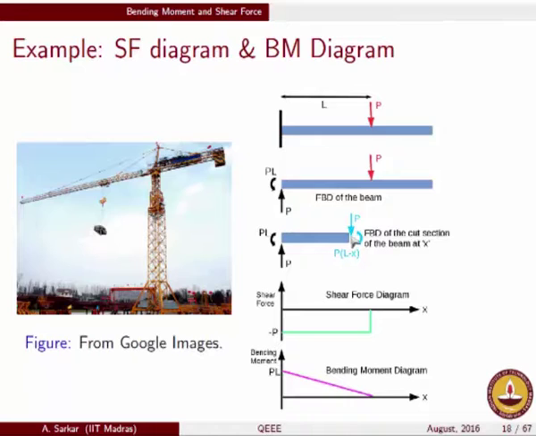Now let us try to evaluate whether this shear force should be positive or negative as per our convention. Just look at the shear force, don't look at the moments or the applied loads at all. If you look at just the two shear forces, P at the cross section X and the reaction load P, then the effect of this is to create a clockwise moment.